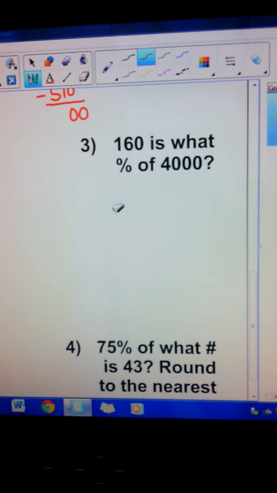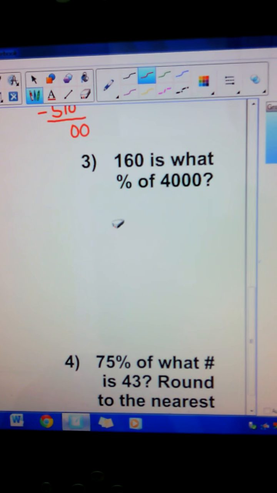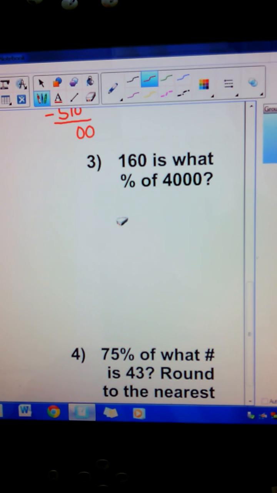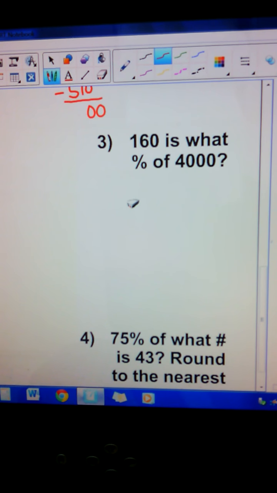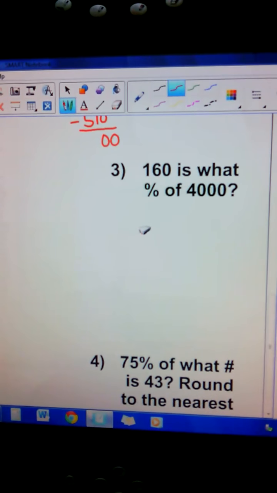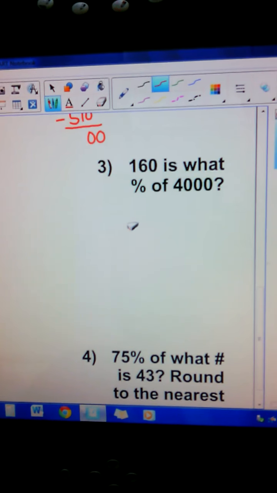Number 3, 160 is what percent of 4,000? Well, this problem differs from the other two examples in that we are not given the percent, but we still use our keywords to translate this into an algebraic equation.